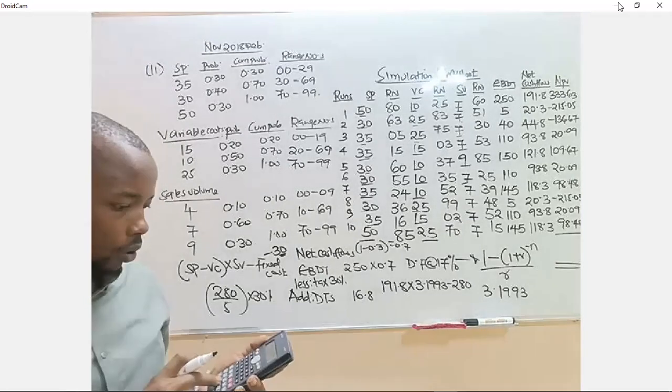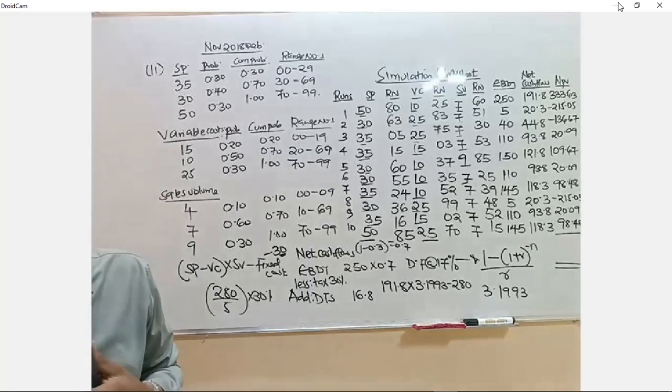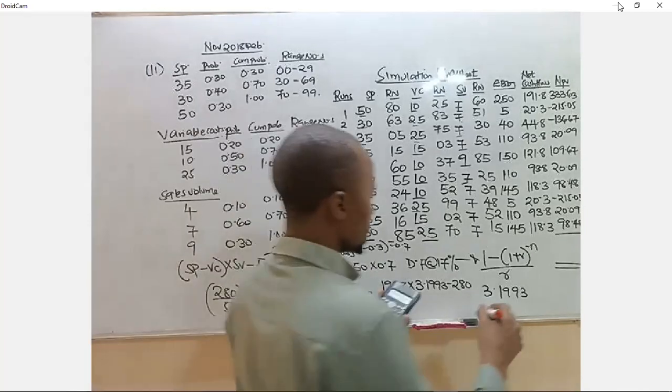Then we add 333.63. We are getting around 133.76.